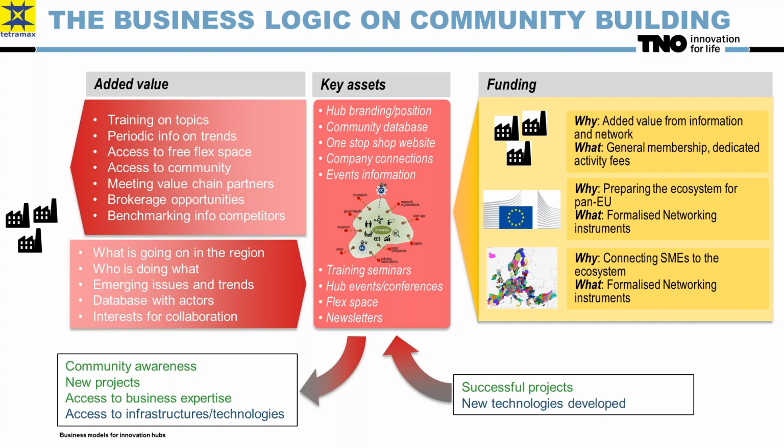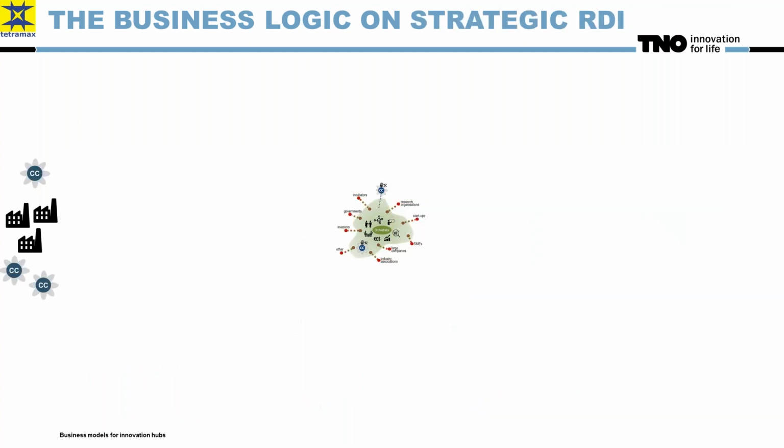And of course, this community building will create public awareness. It will create new projects. This is about the funnel. It creates access to business expertise. And of course, you also create additional access to infrastructures and technologies, because those communities are there.